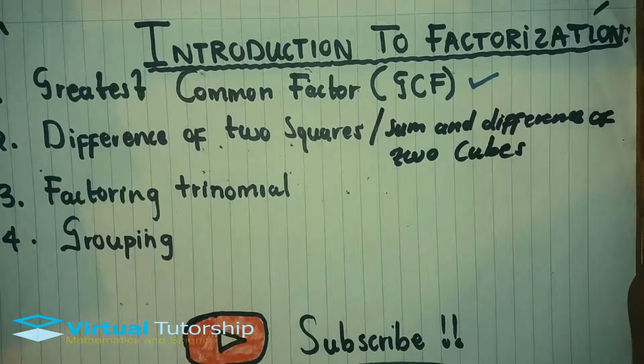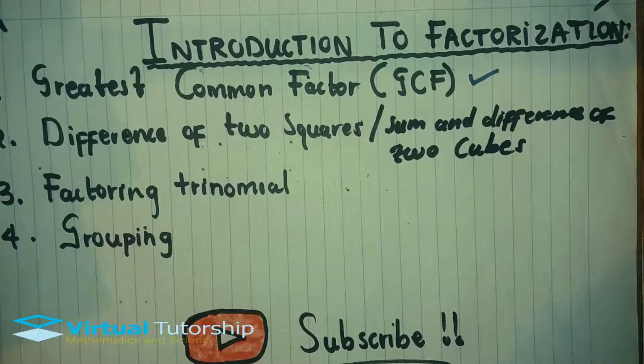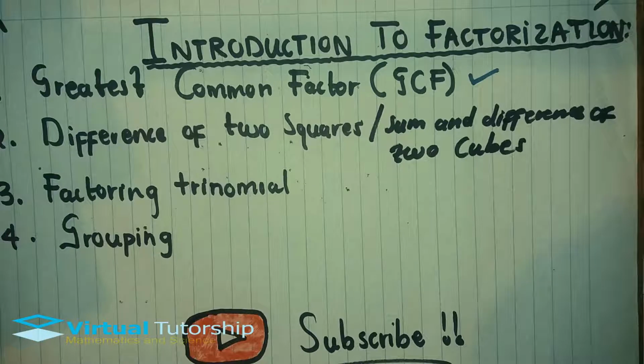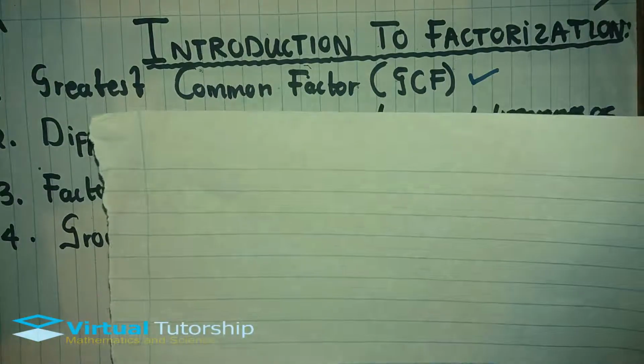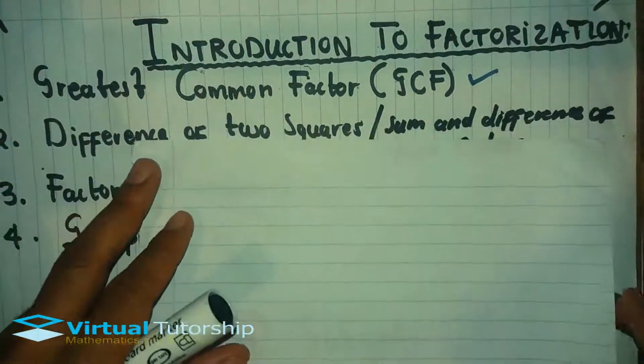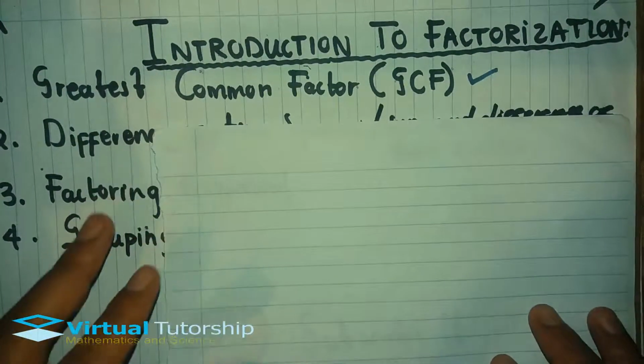Okay, it's something in kuyibhala, but then for this video sizokhuluma nge greatest common factor, on how to take out the greatest common factor whenever given a problem. So for this lesson I'm gonna take examples and explain the concept yokukhipha greatest common factor.